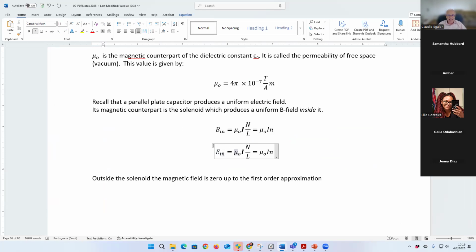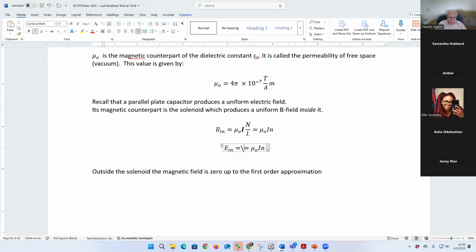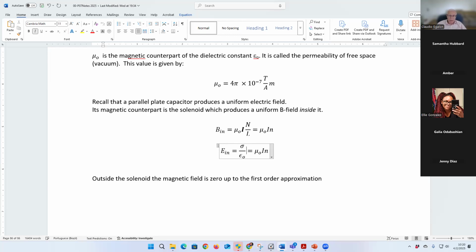Do you remember that? It follows a parallel with the magnetic field. And here you go, epsilon naught.